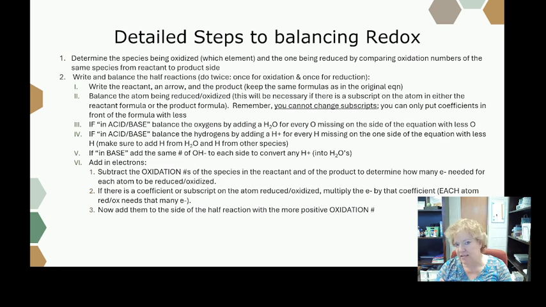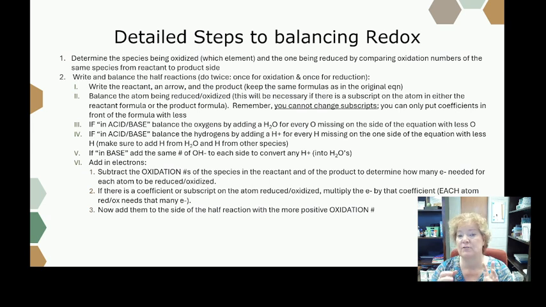Then, if it says it's happening in an acid or base solution, I may need to add oxygen for any missing oxygens, which I will balance in the form of water. So I'll add water to the side that has fewer oxygens until it has the right number of oxygens. And I'm only going to do this step if it says it's happening in an acidic or a basic reaction.